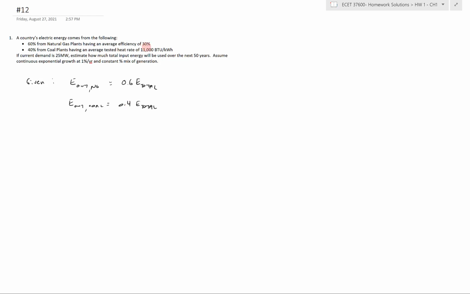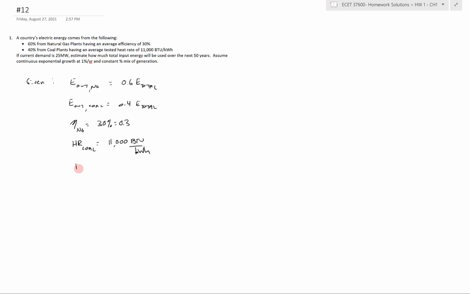We were told that the efficiency of the natural gas was 30%, and we were given a heat rate for the coal, and that was 11,000 BTU per kWh. We were also told current demand.